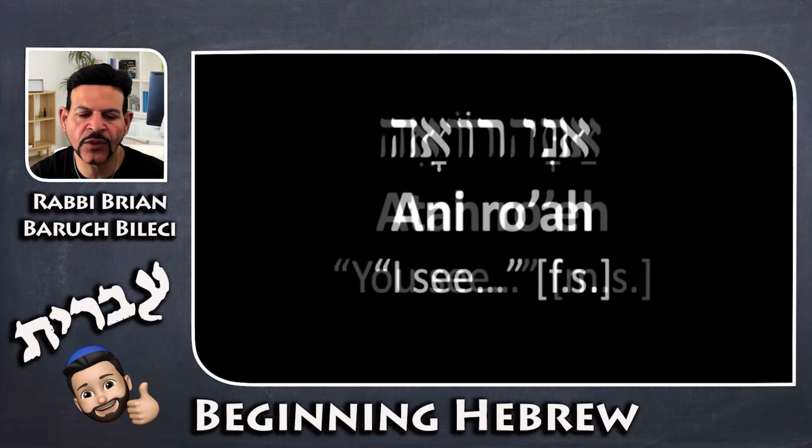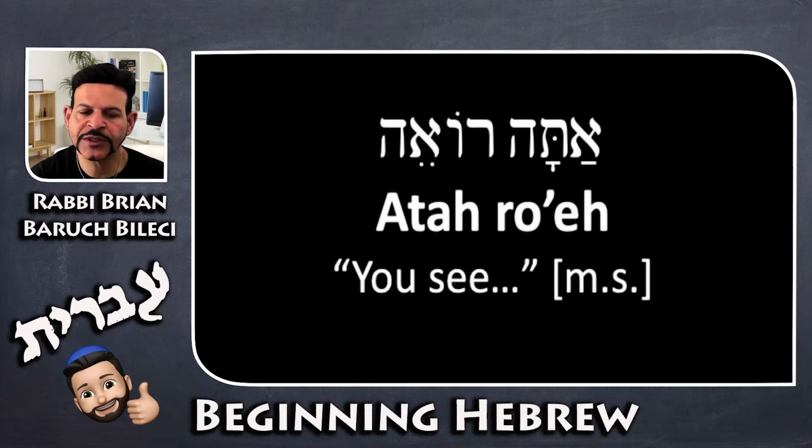Now, if we go to you, we would start with the masculine singular, ata, as a pronoun, which means you, masculine singular. So if you're pointing to a person, you're saying you, and it's a man, obviously you need to say ata for the man, and then conjugate the verb again the same as ani ro'eh.